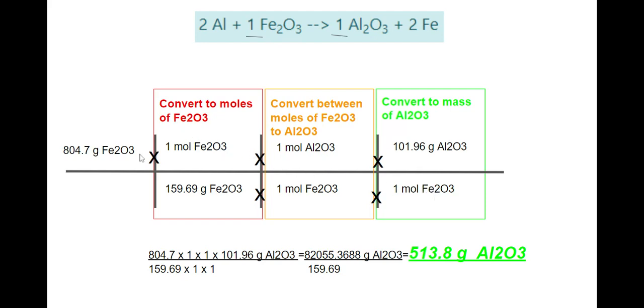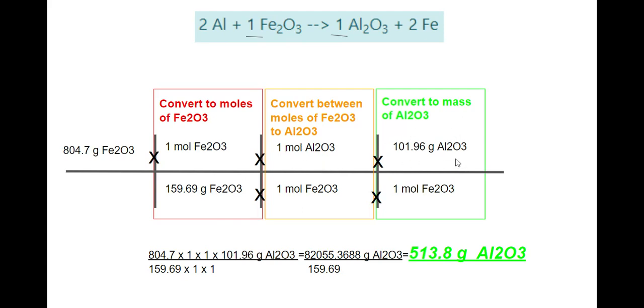So here we're converting between iron 3 oxide and here we've now converted into aluminum oxide. So this should also be Al2O3. That's my mistake. But it's 1 mole Al2O3, and then the molar mass of Al2O3, just like if you were just given the number of moles, what the mass would be.